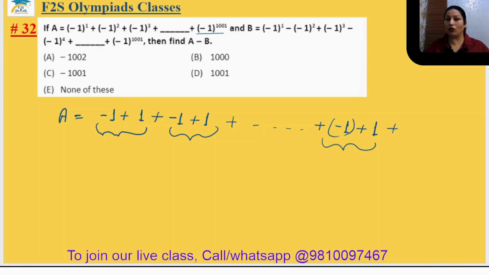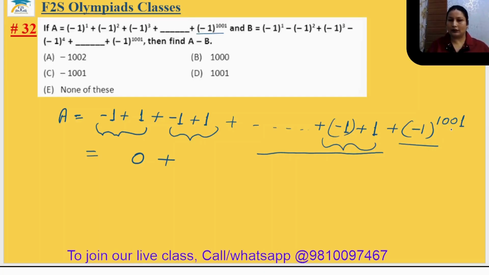But one more minus 1 to the power 1001 will be there, because there are 1001 terms. Minus 1 plus 1 equal to 0, so up to 1000 it will be 0, and the last term will be minus 1. So the value of A is minus 1.